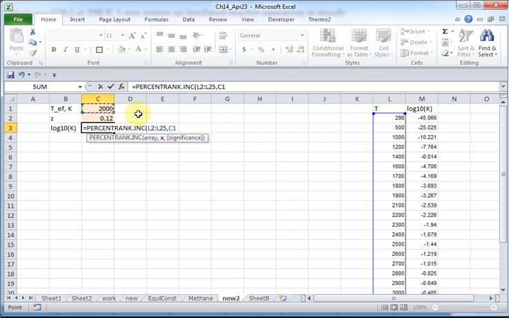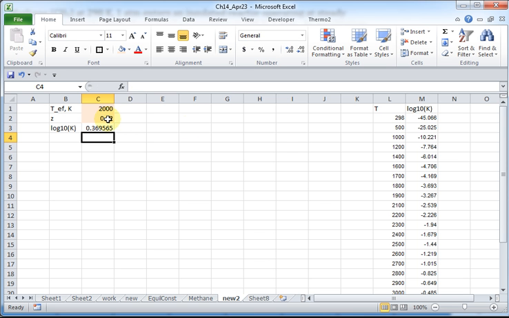For significance, you can read more about it by clicking, but put it to be like 7, because it's the number of significant digits the percent rank is computed in, okay? If I do that, 2000 is about 37% of the way through the data set. 500 is about 4% of the way through the data set.